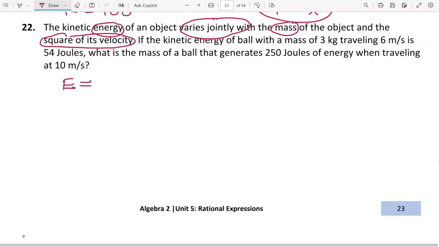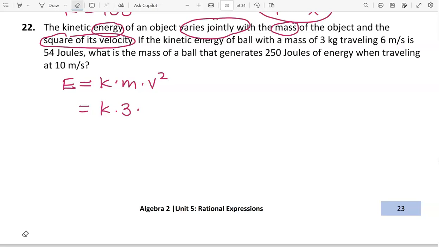Energy, E, varies jointly, equals k times the mass and times the square of the velocity. The kinetic energy of a ball with a mass of 3 kilograms, so that would be the value of m, traveling 6 meters per second, that would be the value of v.